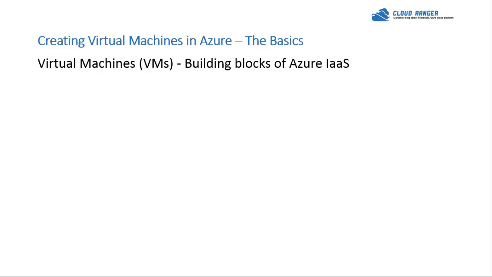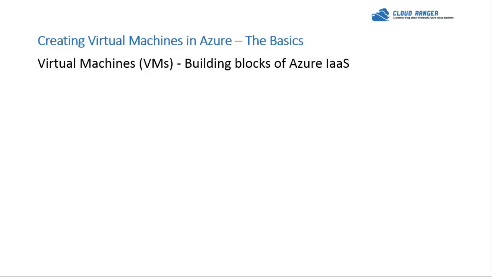What we understand is that virtual machines are the building blocks of Azure infrastructure as a service. When we talk about infrastructure, the first thing that comes to mind is virtual machines. And obviously, when you are creating the virtual machines, the infrastructure comes to mind, where we're talking about physical infrastructure that will host or that will run your virtual infrastructure.